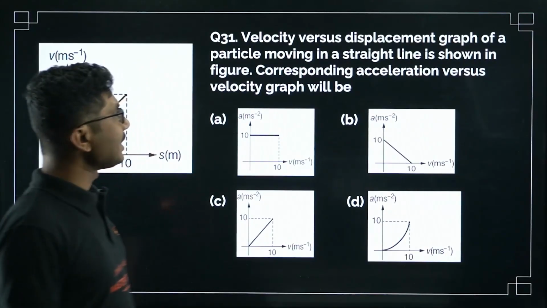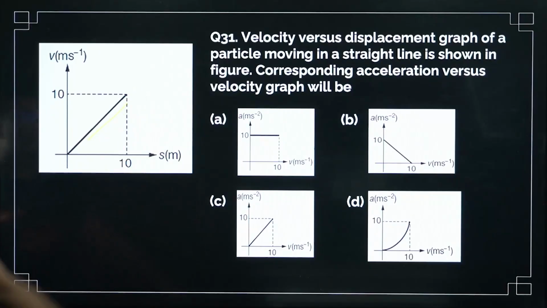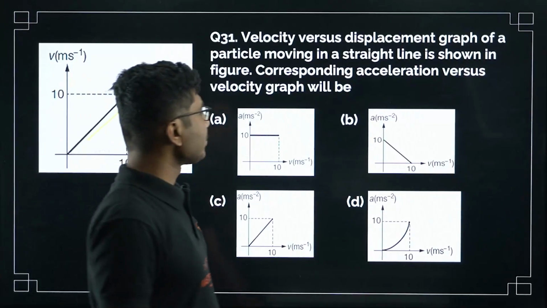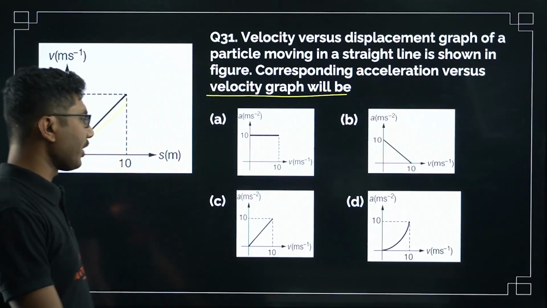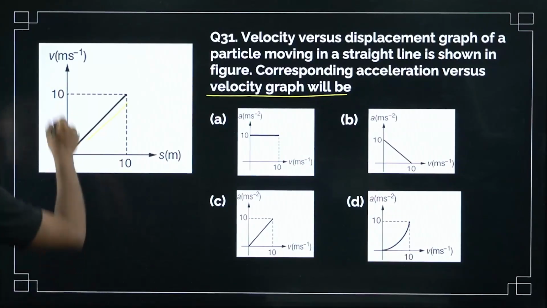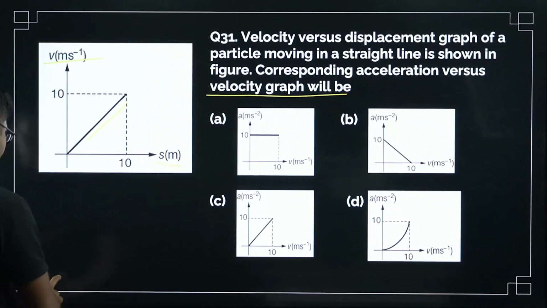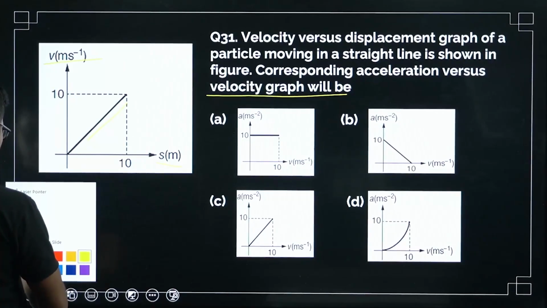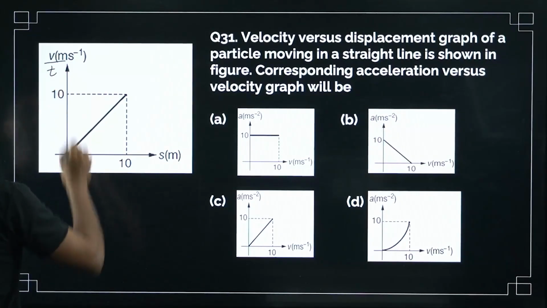Velocity versus displacement graph of a particle moving in a straight line is given by this graph. Okay, corresponding acceleration versus velocity graph, very important. So this is velocity, this is displacement. How can you convert it? So there is an easy way to do it. What is acceleration? Acceleration is change in velocity by time. What is velocity?